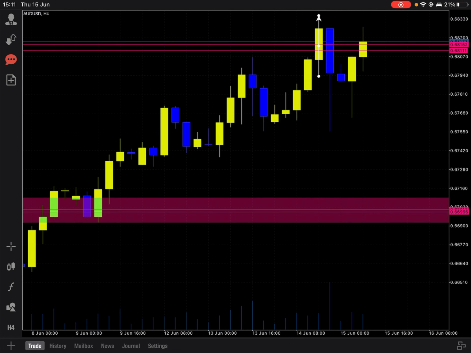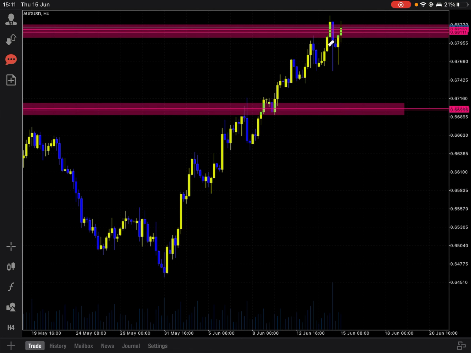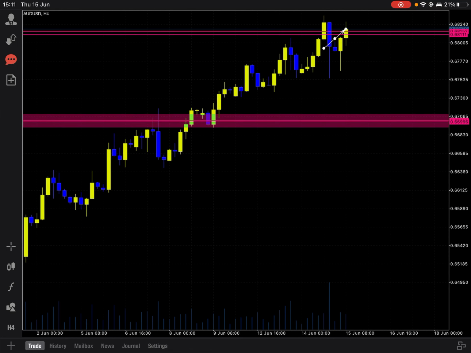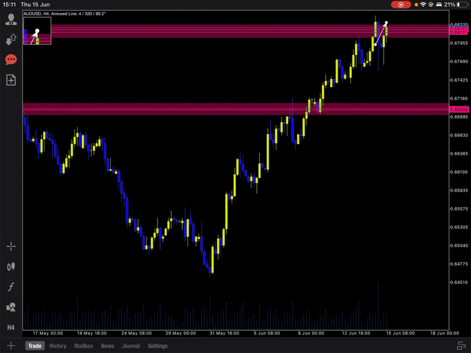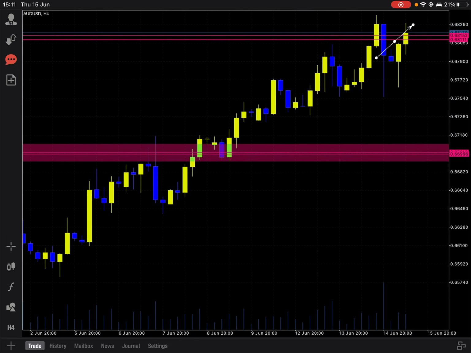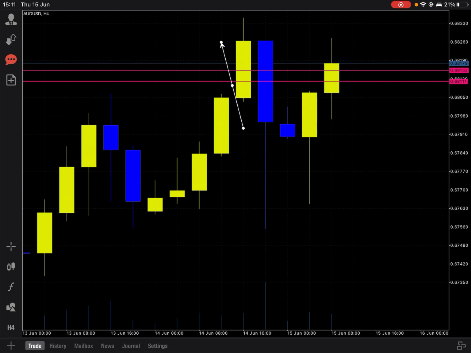Hence, the price, after breaking the zone, was able to drop so low that the buyers could not catch up to close the candle within the zone. So that happens sometimes with the news. It's just that when there's high volume, it just needs to move a lot more, but it's still going in the right direction after breaking.